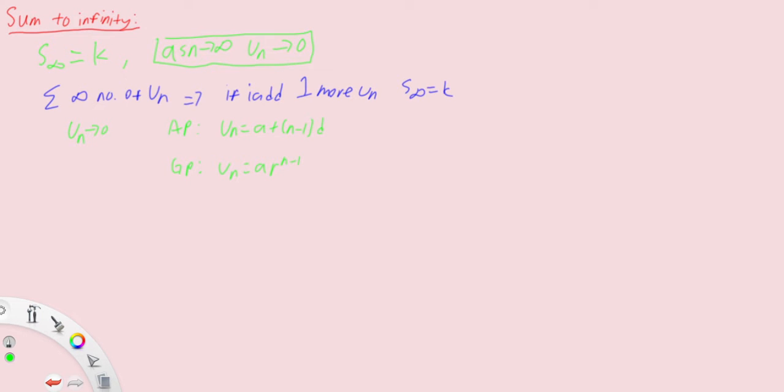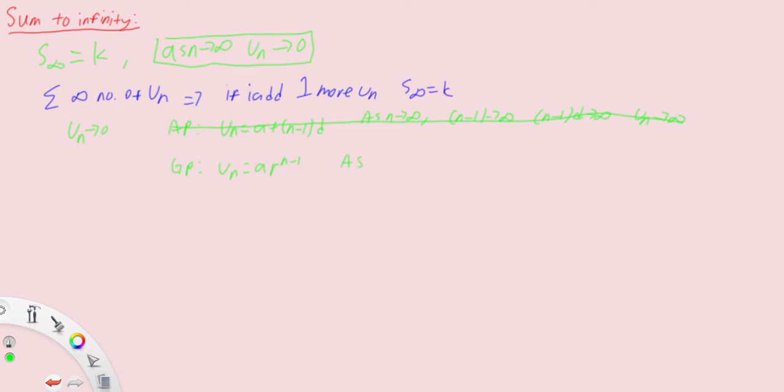Now let's see what happens as n approaches infinity. For the first one, n minus 1 will approach infinity, and n minus 1 times d would approach infinity. So therefore, un approaches infinity. So the AP does not have a sum to infinity.